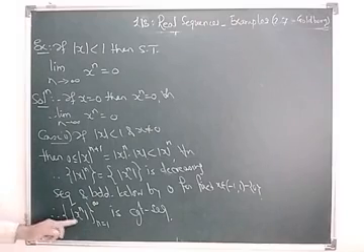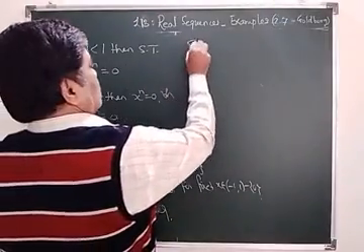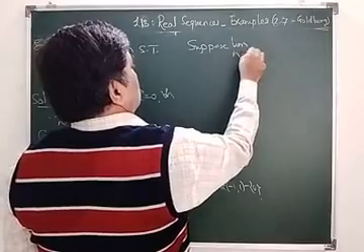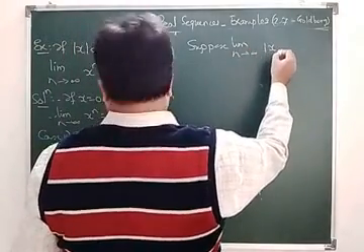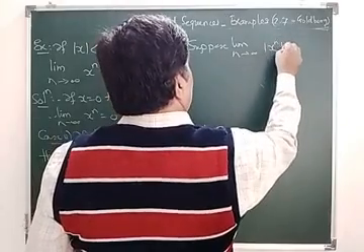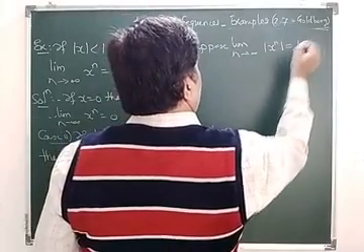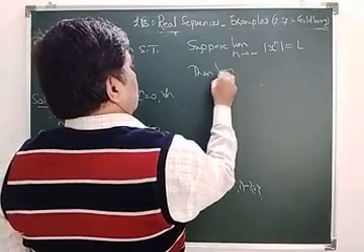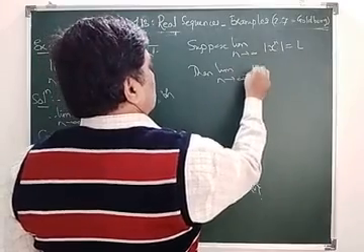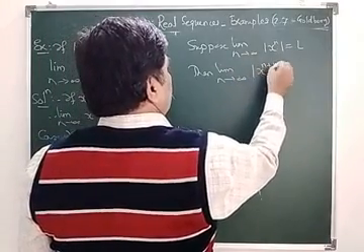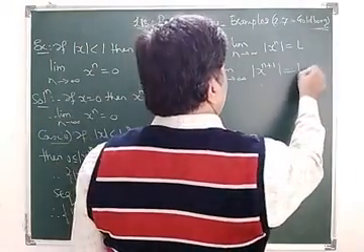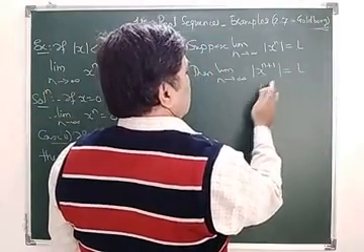So suppose limit of this is equal to L. Suppose limit n tends to infinity of mod x raised to n is equal to L. Then limit n tends to infinity of mod of x raised to n plus 1 is also L. Okay.